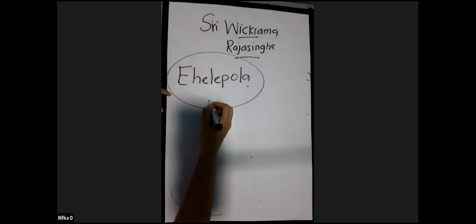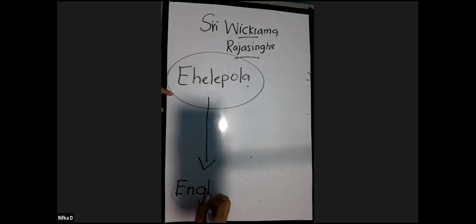So what did he do? He decided to seek help from whom, children? From the English. Ahalepola decided to get the assistance of the English to dethrone Sri Vikrama Rajasingha.